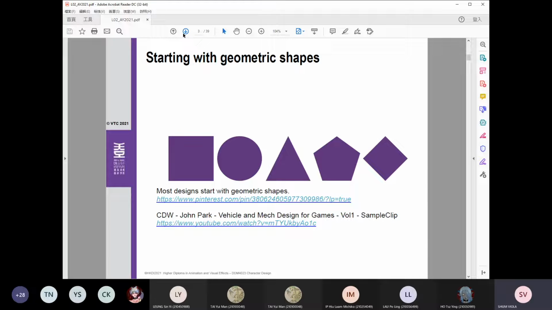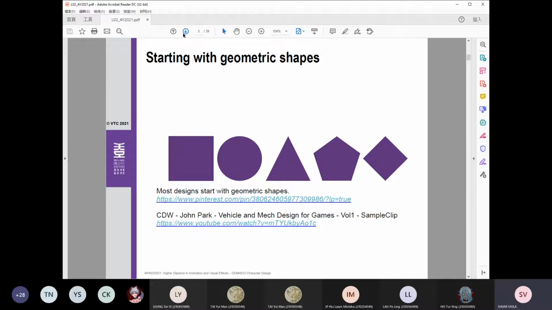and also I will ask you to draft some of your ideas, starting with some abstract shapes. Okay, you can feel free to use paper and pen to draw. Okay, if you don't have the Wacom or iPad at this moment, okay, no worry, you can just do it on paper today.